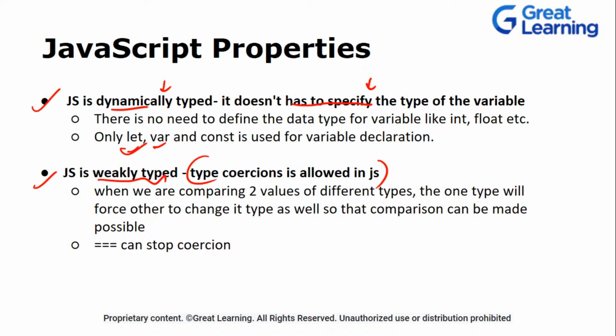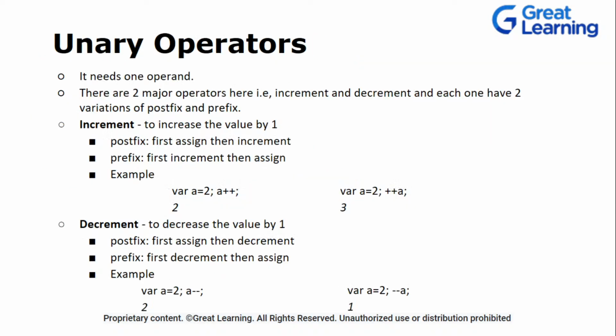So this is what is known as a weakly typed language, that means you are allowing type coercion. If you're not allowing it, then it's not a weakly typed language. But since we are allowing it, we should have a mechanism to stop it. For that we will use these three equal to signs.